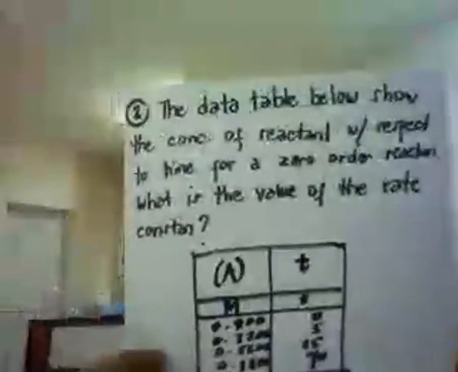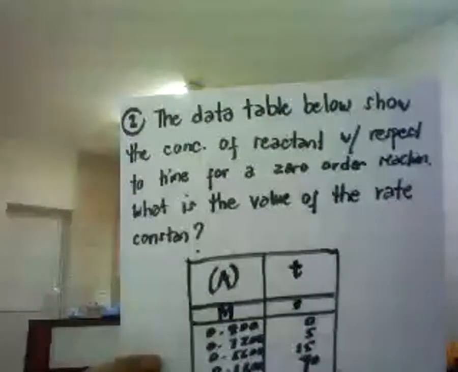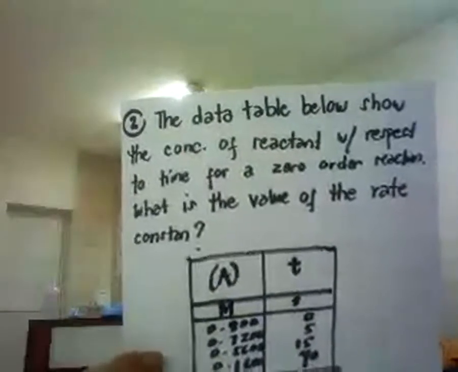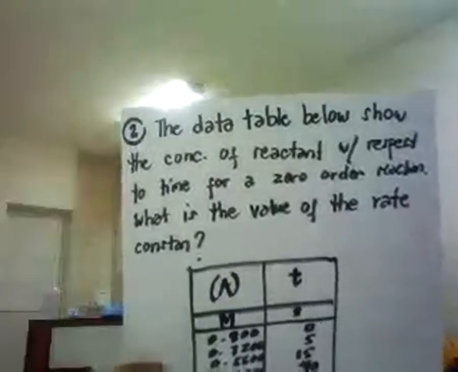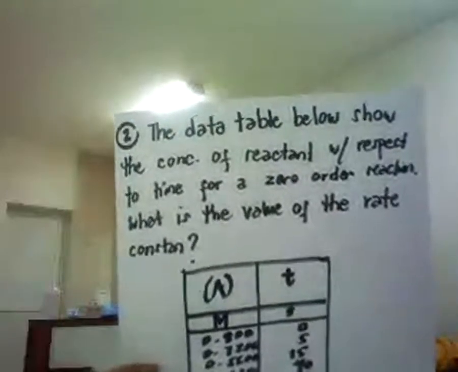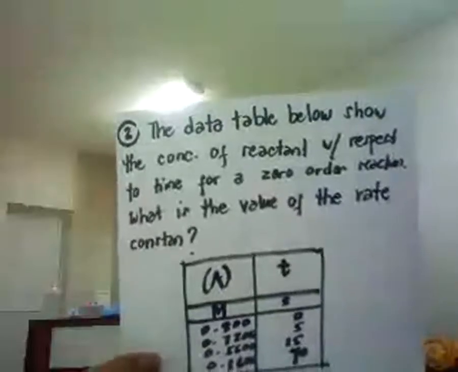The data table below shows the concentration of reactant with respect to time for a zero order reaction. What is the value of the rate constant K? So we are asked for the rate constant K, and our order of reaction is zero.